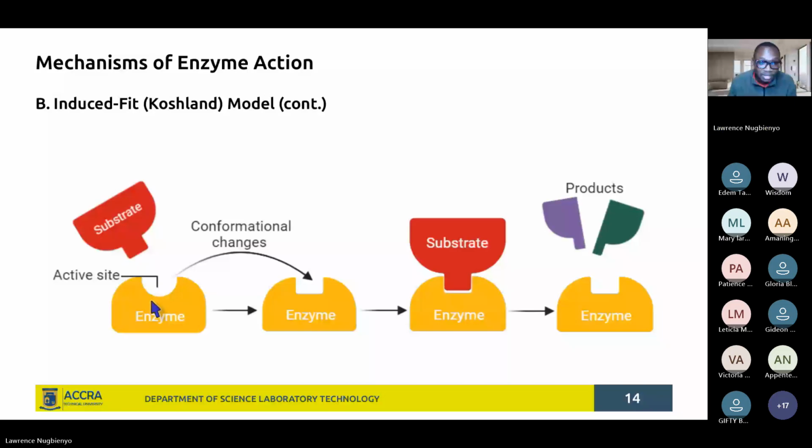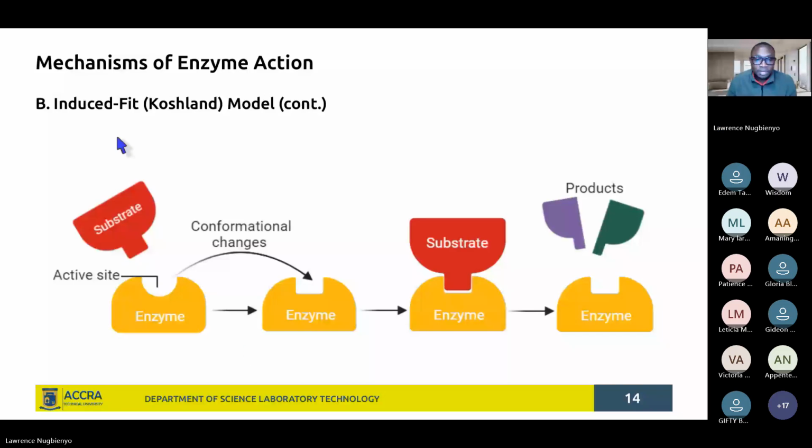But this knowledge of the induced fit model will fit for enzymes that are also group specific, bond specific, and even we looked at other specificities like stereospecificity, for instance, or specificity pertaining to the coenzyme that is acting.